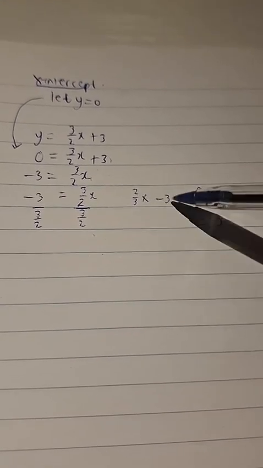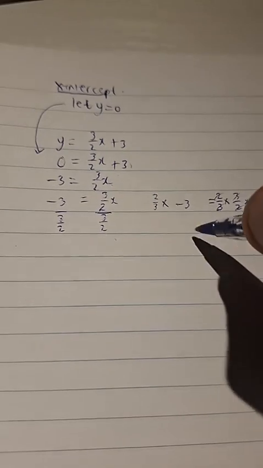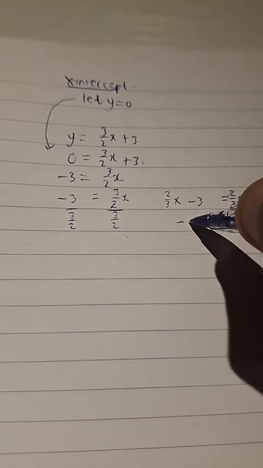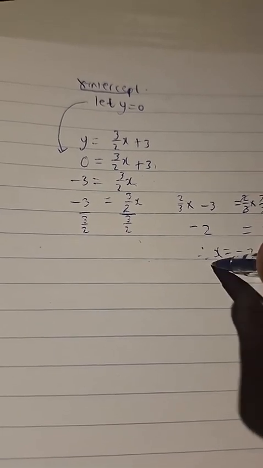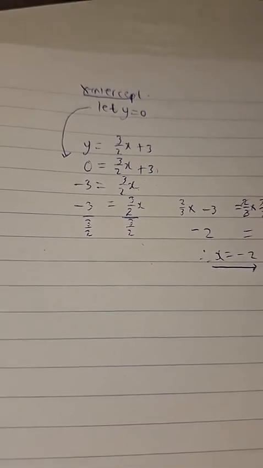Then 2/3 times negative 3 gives you negative 2. So therefore, our x value is negative 2.